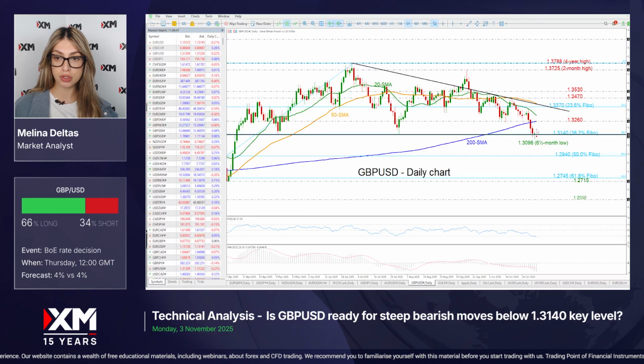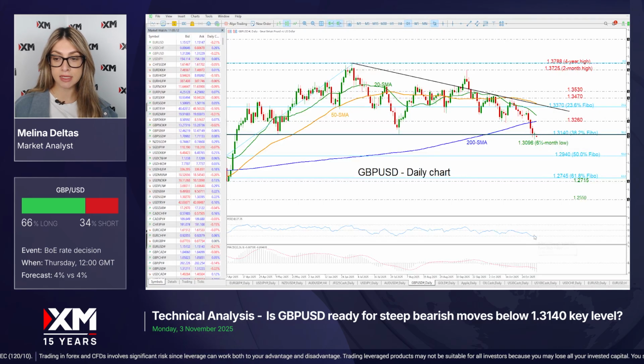However, on a bounce off 1.3140, the market may find some strong resistance near the 200 DSMA at 1.3260 and even higher near this descending trend line at the 23.6% FIBO at 1.3370, which will also be a turning point for bearish movements.